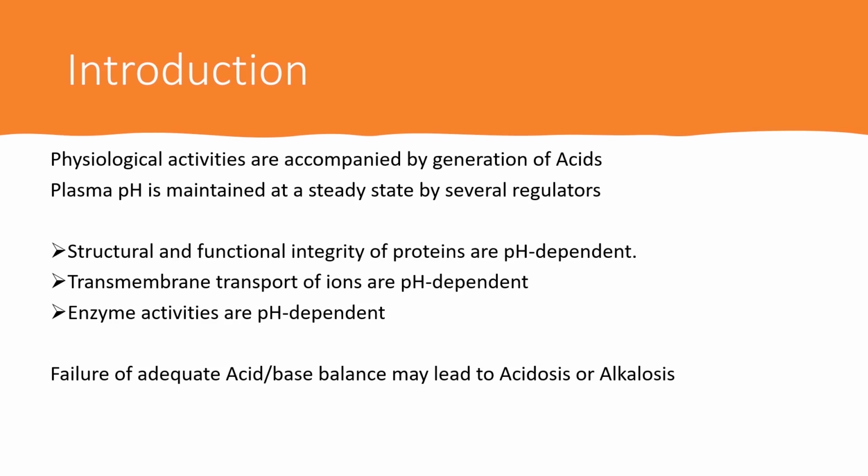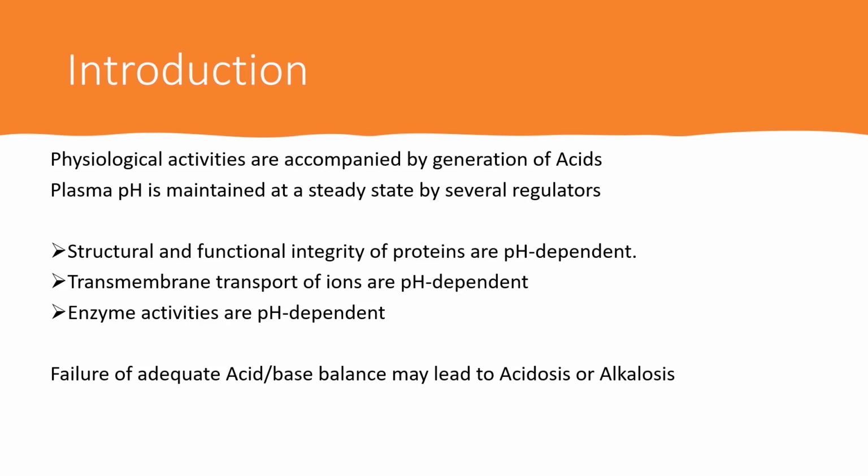It is important to note that despite all the large amount of acid generated, the body is able to maintain the blood pH at a very steady state. And this is very important because most of the structural and functional proteins in the body are pH dependent.